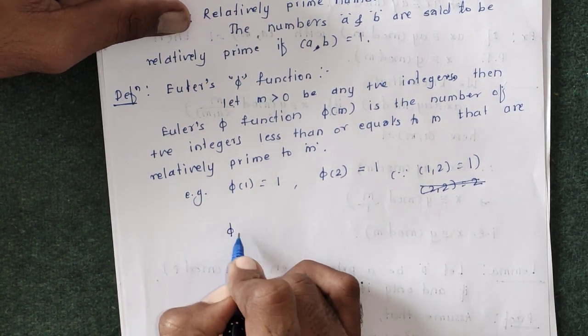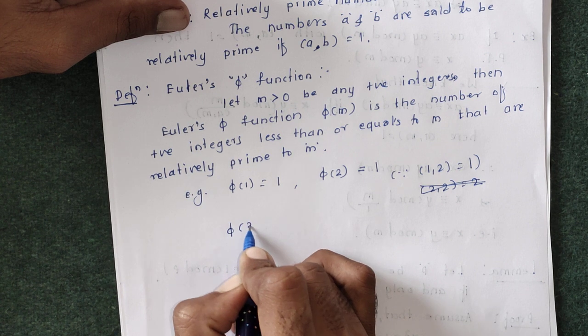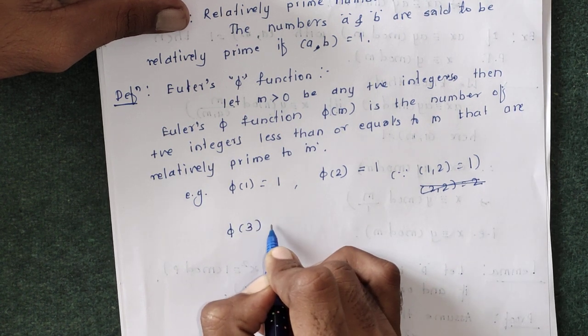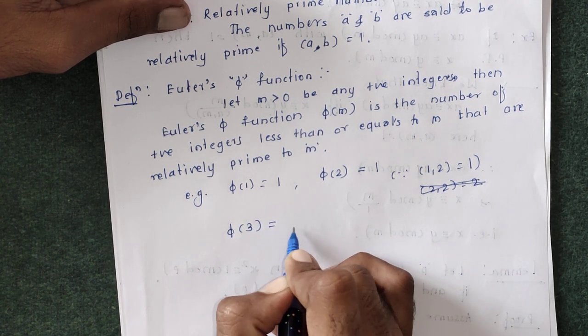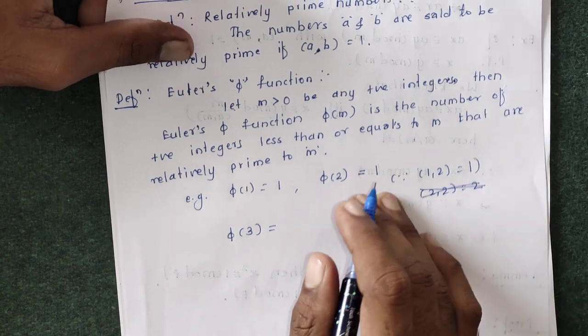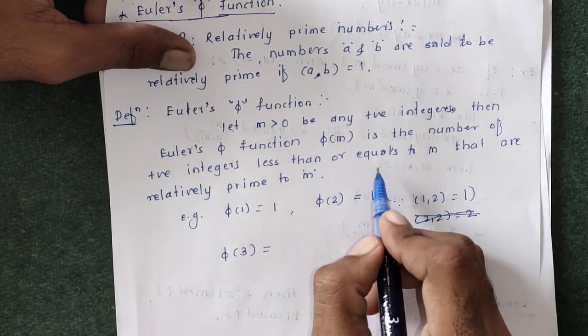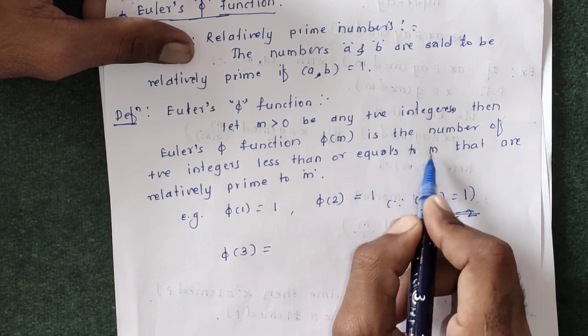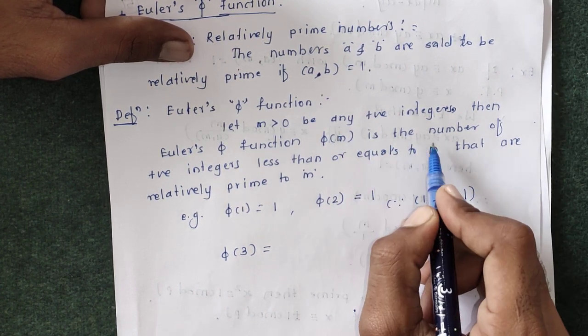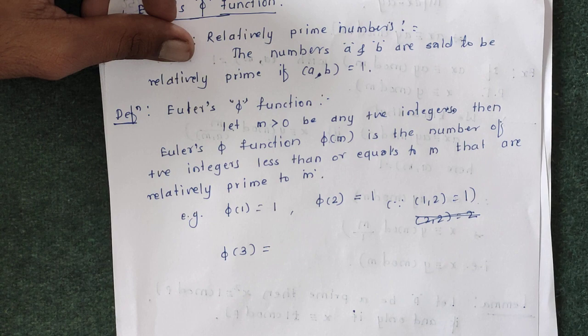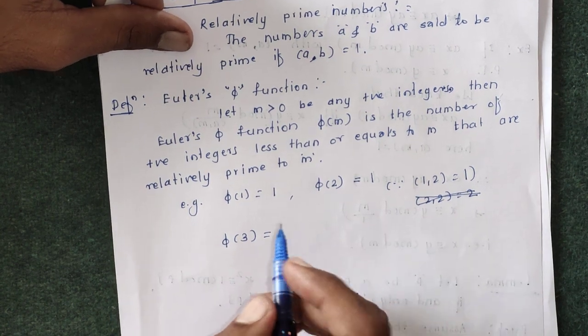Now suppose 3. Whenever we take the number equal to m, their GCD with m is again m. So we must find the number of integers less than m.